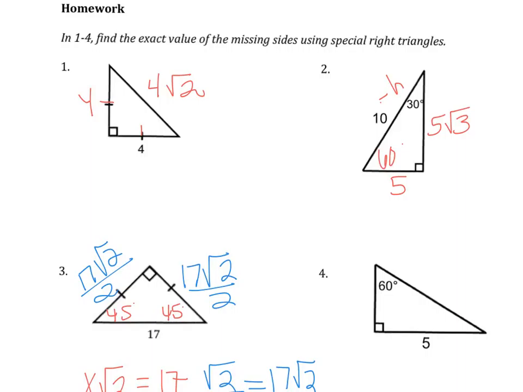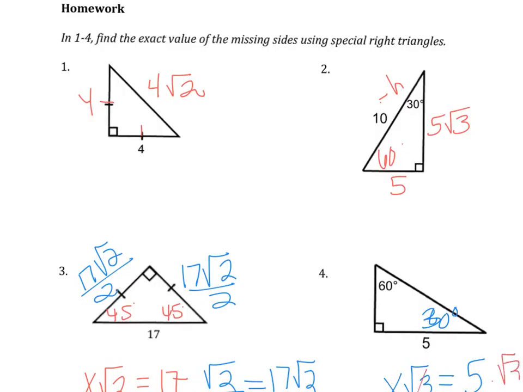I see you have a side opposite the 60-degree measure. So in order to get the value of that side, you take whatever is across from the 30-degree measure, and right now it's x, and you multiply a radical 3 to it. So that is equal to 5. So we're going to solve for x by dividing out the radical 3, and then we have to rationalize the denominator.